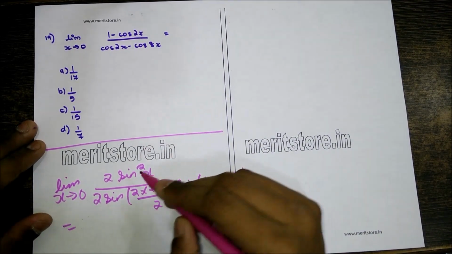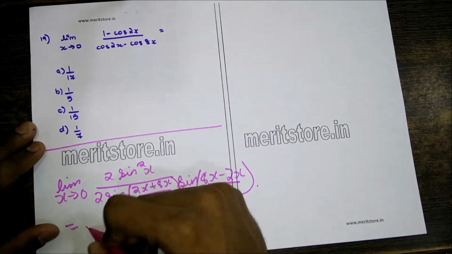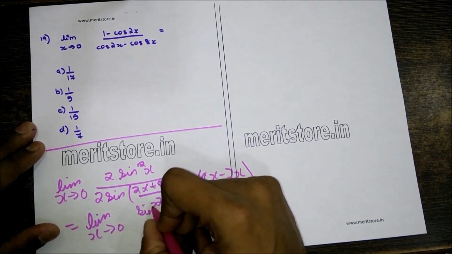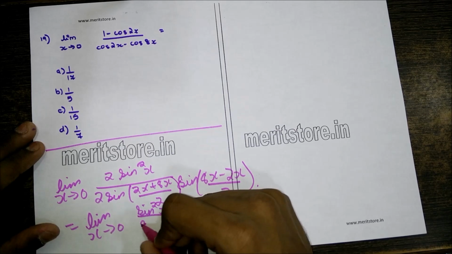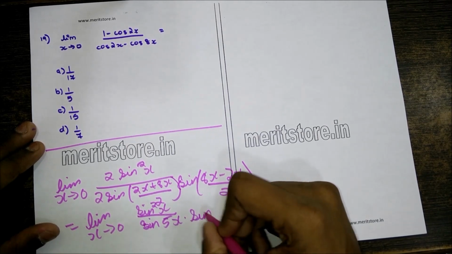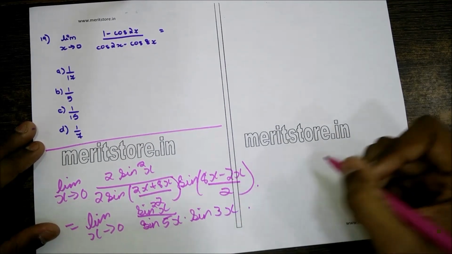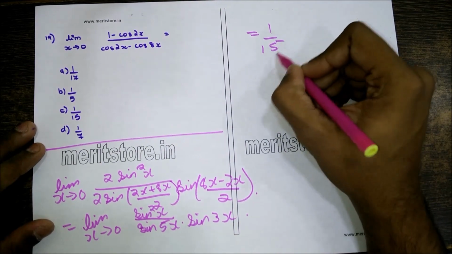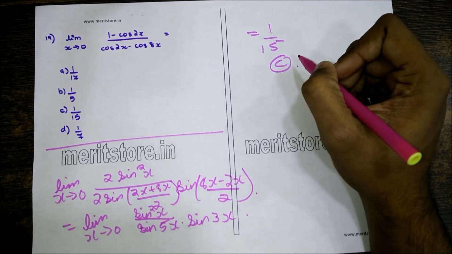This way we can solve it in a much easier and faster method, giving us limit of x tends to 0, sine square x by sine 5x into sine 3x. Now we can apply the limit, giving us 1 by 15, which is option C.